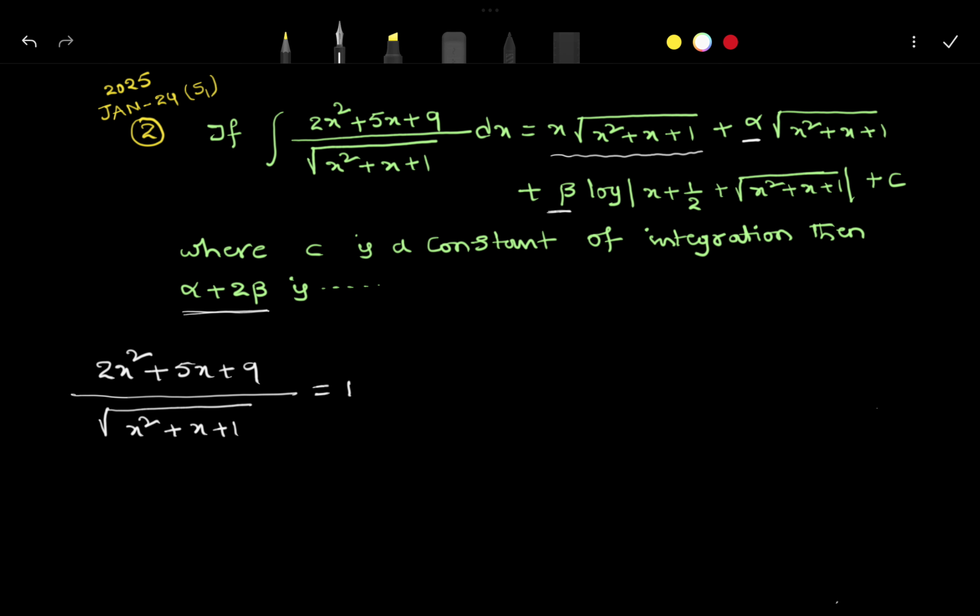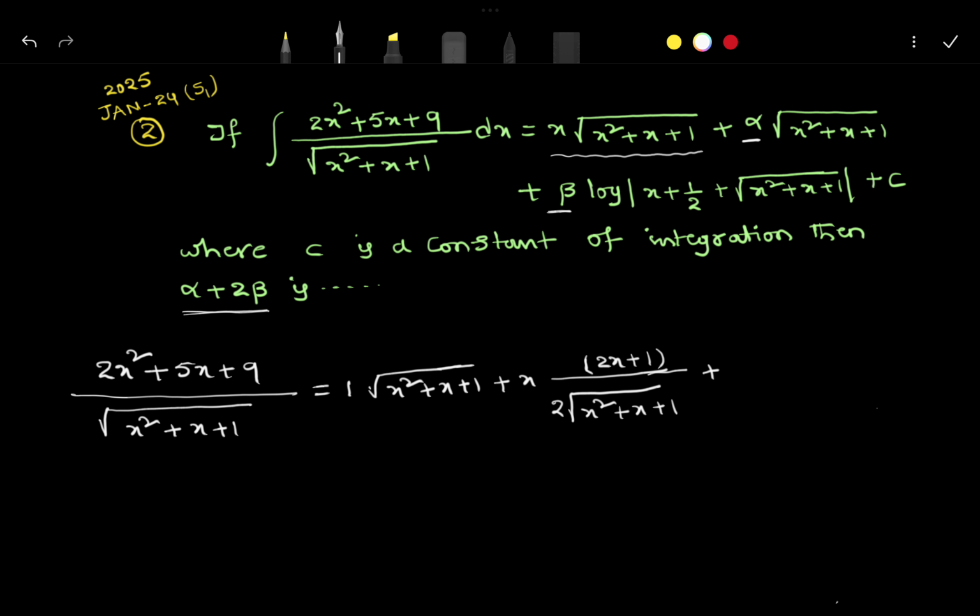That is 1 into root of x square plus x plus 1, and next plus x into the derivative of root x square plus x plus 1, which is 1 by 2 root of x square plus x plus 1 into the derivative of x square plus x plus 1, that is 2x plus 1. So this is the derivative of this one.